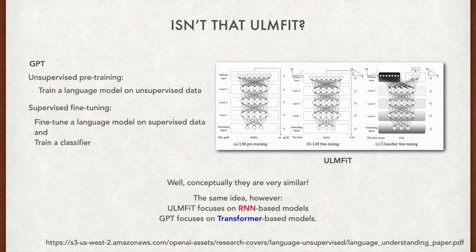The biggest difference between these is the use of the transformer's decoder in the GPT model and the recurrent neural network in ULMFiT, while the high-level idea is more or less the same.